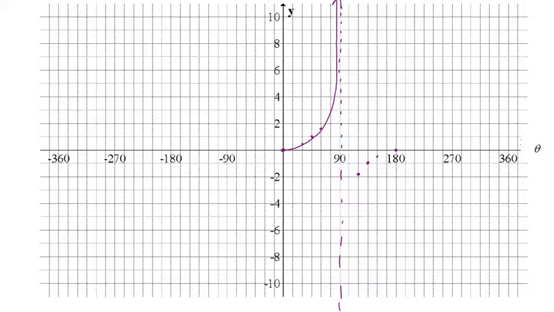What's 210? 0.58. And 225? 1. And 240? 1.7. And 270? Infinite. All right, so here I seem to have a complete thing, because I got negatives and I got positives, so we know the positive end is going to swing up, and the negative end is going to swing down.